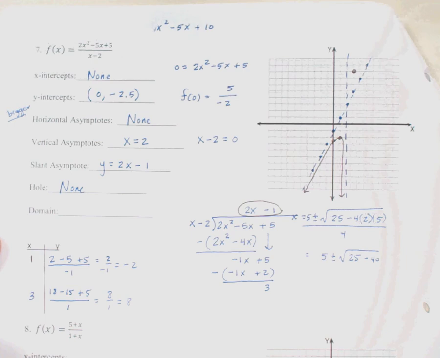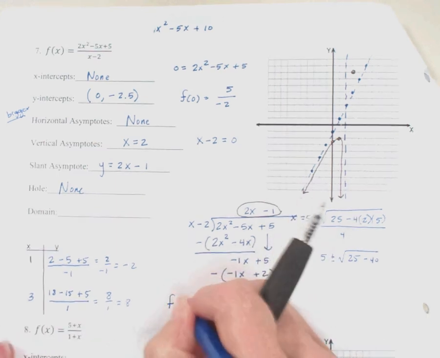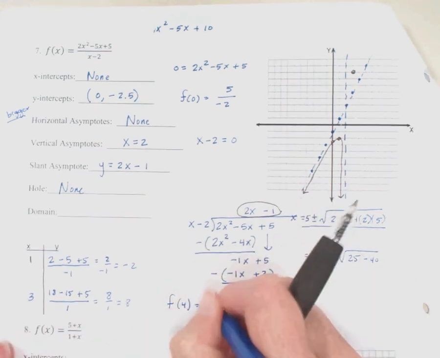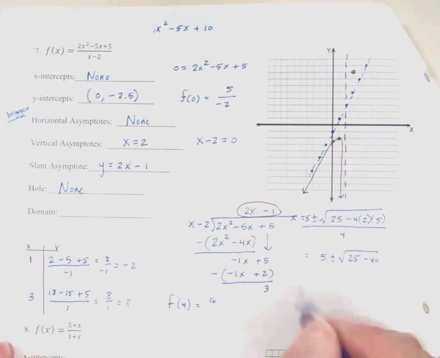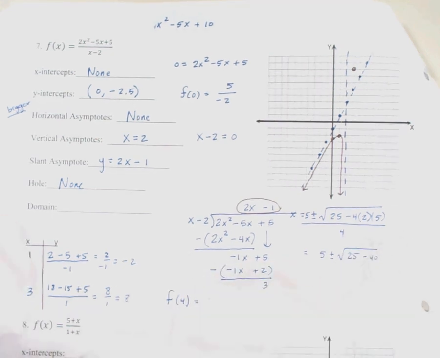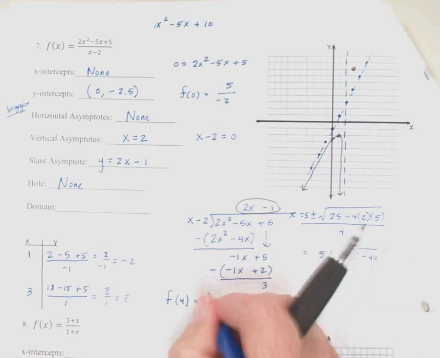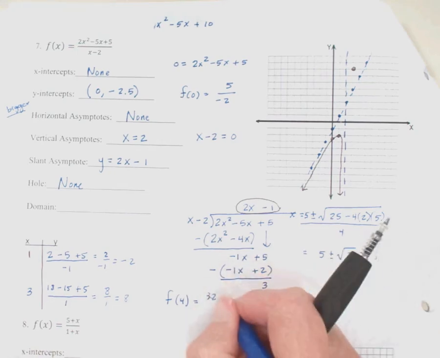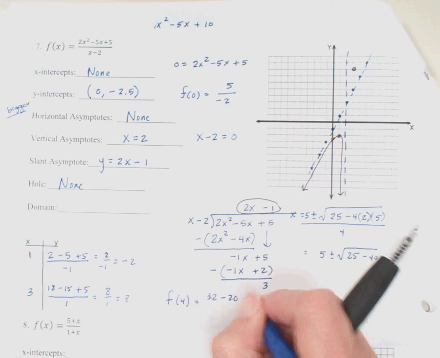Now for this problem, we plug in 4. See if we can get that to fit on the curve. So if I have f of 4, 4 squared is 16. 16 times 2 is 32. Negative 5 times 4 is negative 20, plus 5.